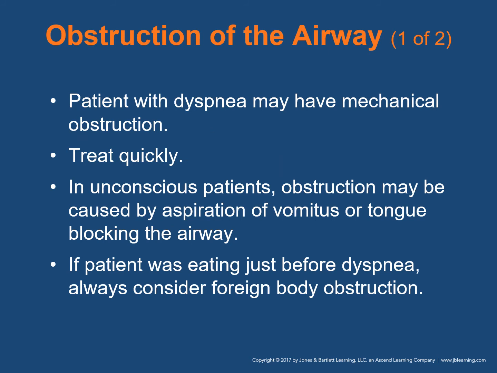All right, so another cause of dyspnea and shortness of breath is obstructions of the airway. So the airway needs to be patent or clear for us to be breathing right, obviously. And in an unconscious patient, the most common obstruction would be the tongue when it just relaxes and falls back into the hypopharynx.